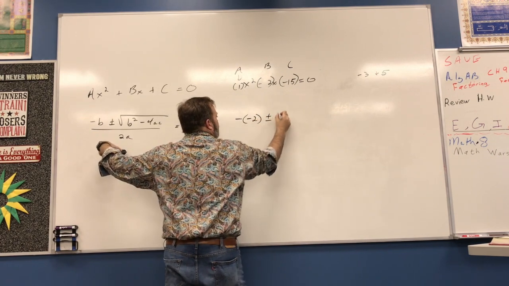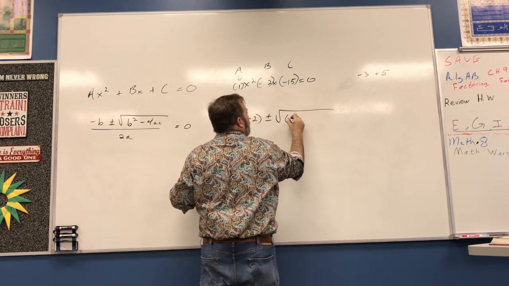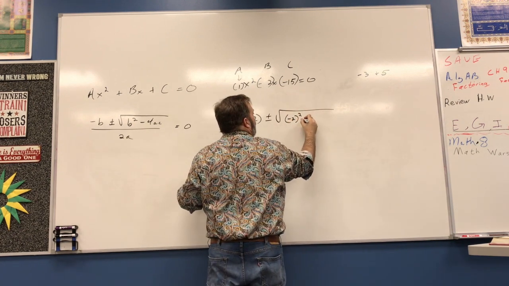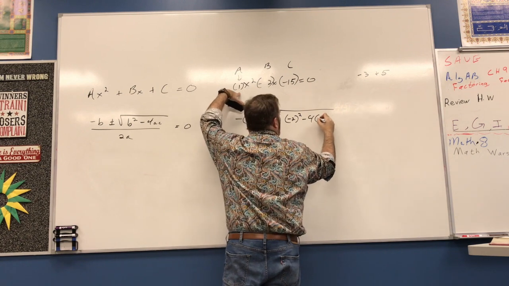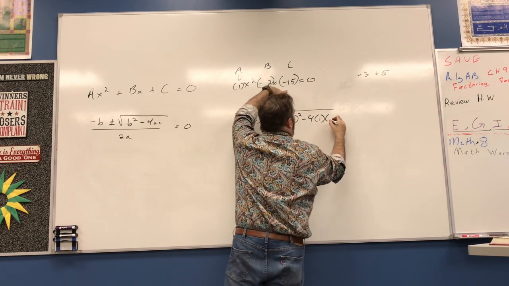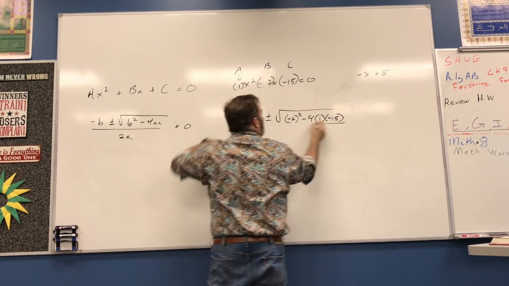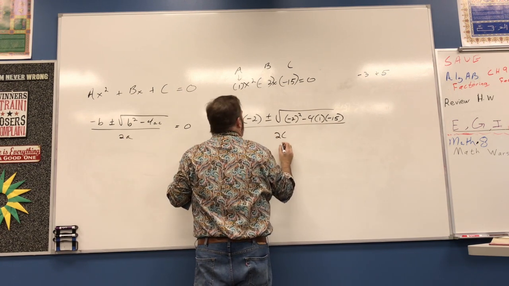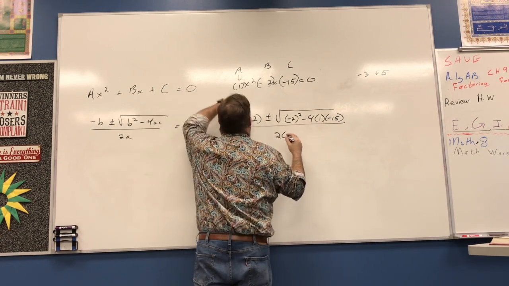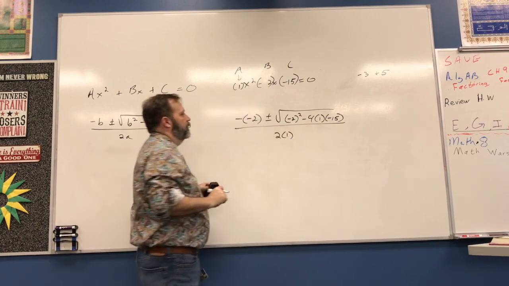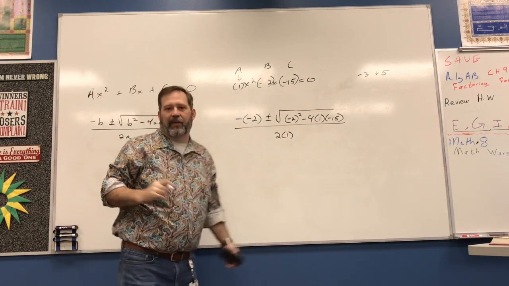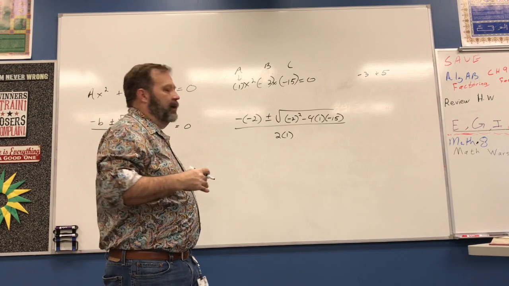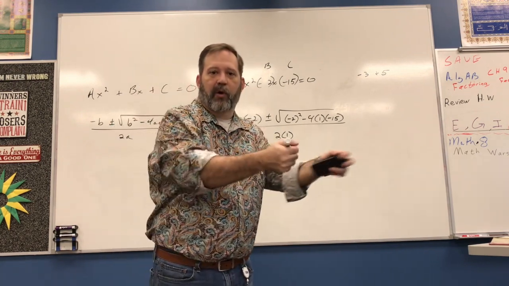Plus or minus the square root of -2 squared minus 4 times the a number times the c number, all over 2 times the a number, which is 1. It seems like a lot, but it's not. It's plug and play. It's like hooking up the stereo. You're just plugging in the cords where they belong.